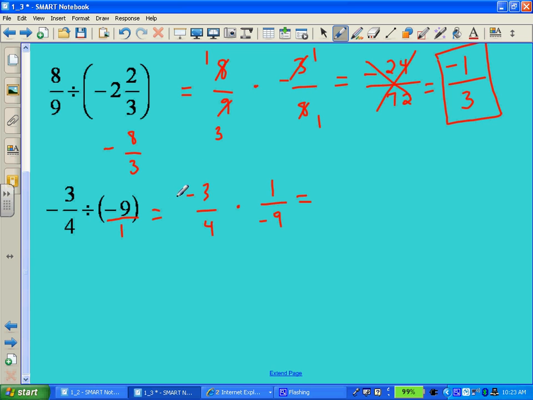Okay, so the reciprocal of 9 is 1/9. Now again, these are same signs, so I know I got a positive answer. I can cross-reduce, taking a 3 out here. So I end up with 1 times 1, which is 1, 4 times 3, which is 12, 1/12 is my answer.